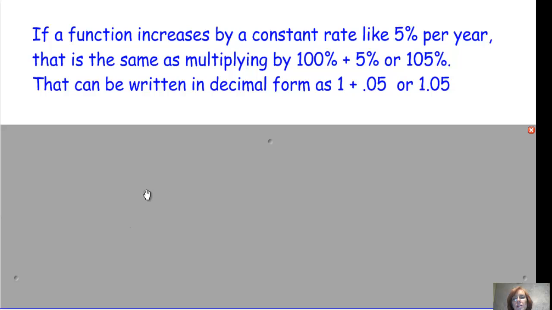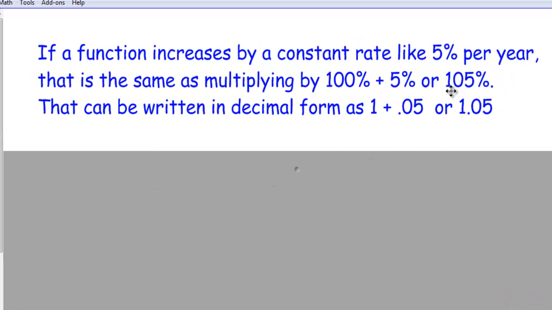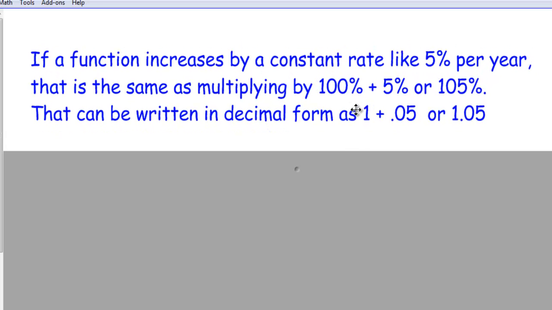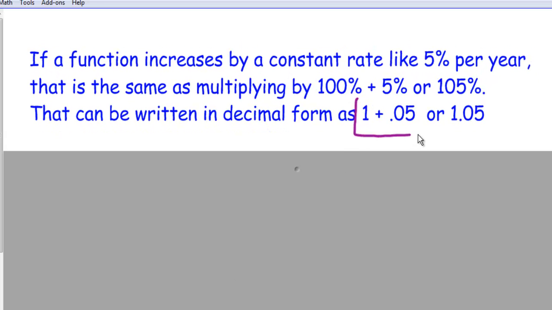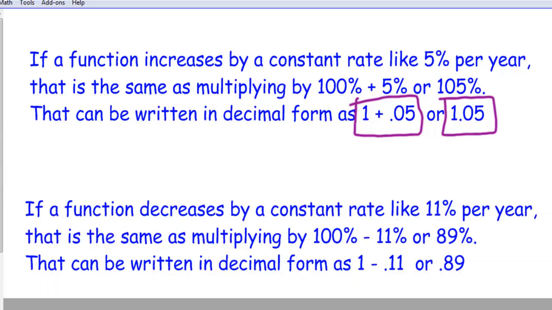All right, let's take a look at this idea. If a function increases by a constant rate, like 5% per year, that is the same as multiplying by 100% plus 5%, or 105%. And we can write this in decimal form as 1 plus 0.05, or we could write it as 1.05. That's going to be our growth rate, 1.05 for a 5% increase.